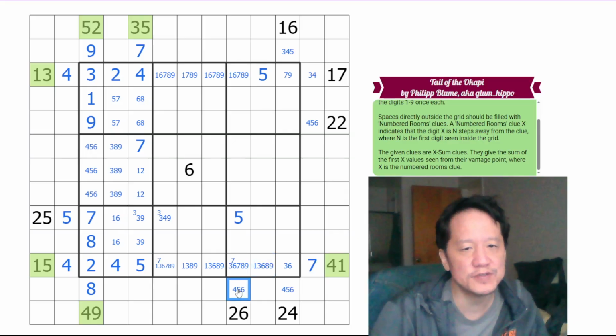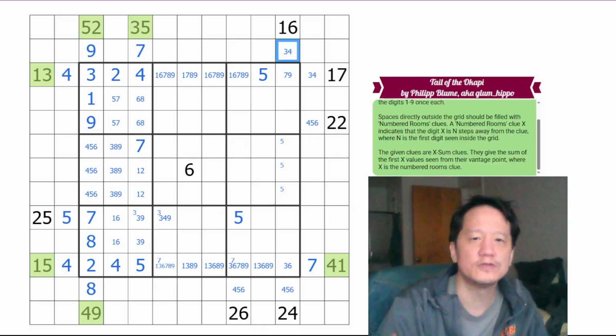26. So if this is 5, that would be 5 and 3 guaranteed. 5 has to be one of these 3 cells here. So this cannot be 5. Interesting.